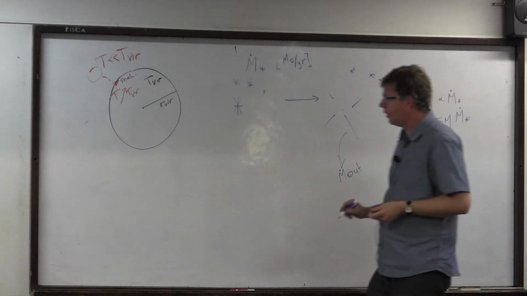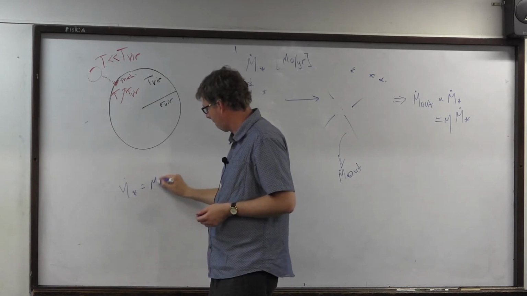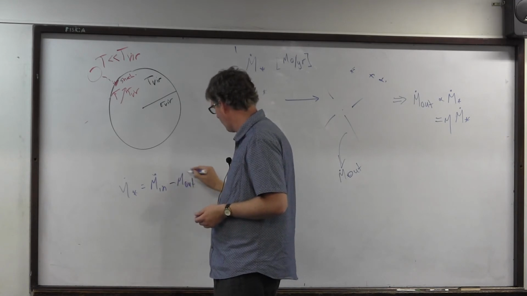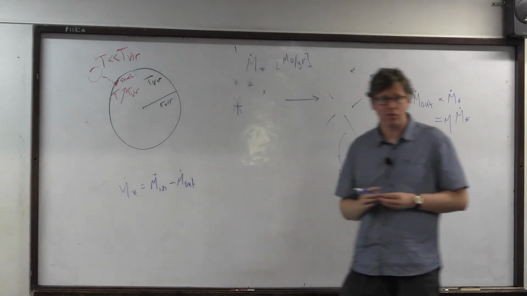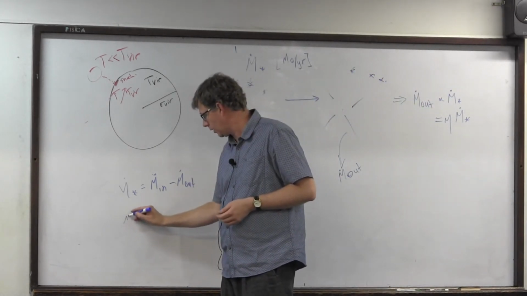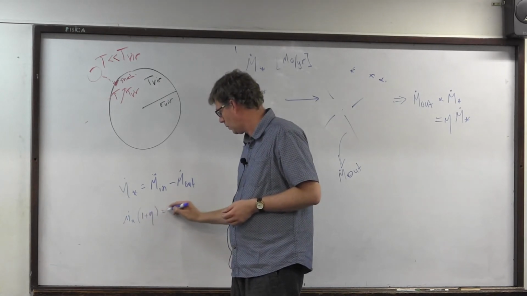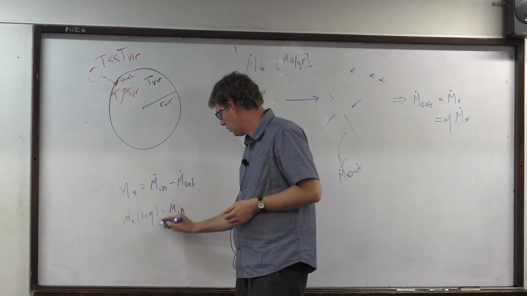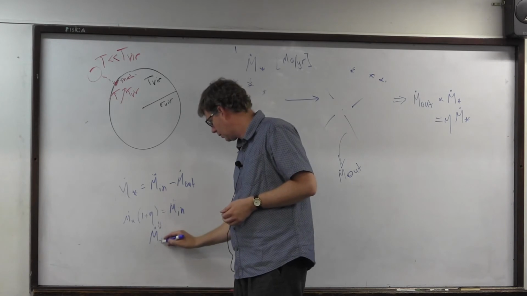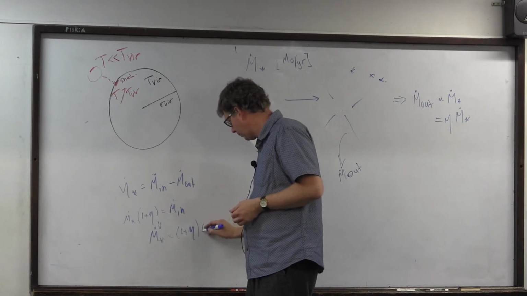And so if I then go back to my balance equation, which is just a conservation of mass, really, put that in here. I get m star dot times 1 plus eta, or that the star formation rate is given by m inflow dot divided by 1 plus eta.